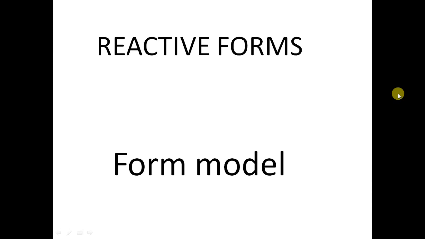FormGroup usually represents a part of the form and is a collection of form controls. FormGroup aggregates the values and the status of each form control in the group. If one of the controls in a group is invalid, the entire group becomes invalid.